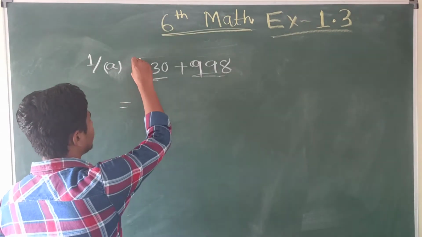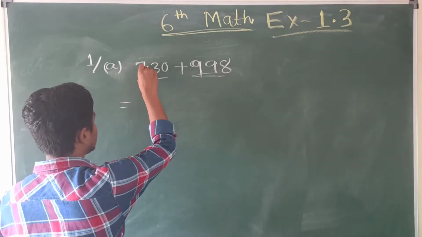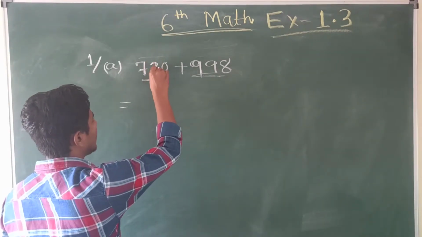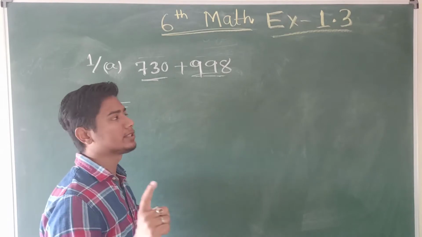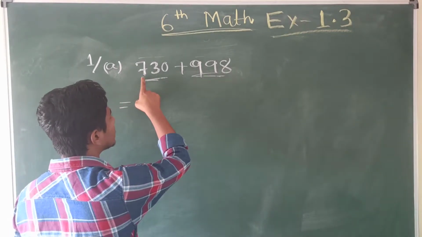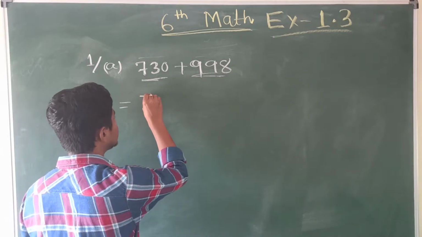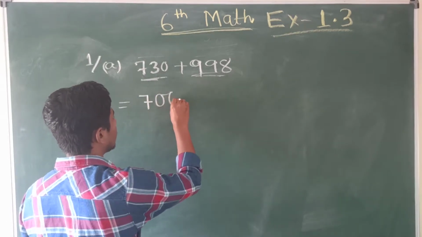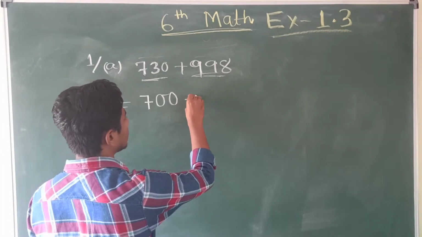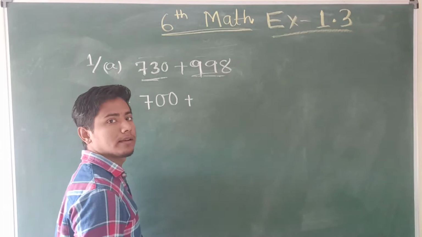So here 7 is the hundreds digit. After 7, 3 is there. I think all of you remember the rules. 3 is in the first group, so it remains the same. That means 700. And here 9.